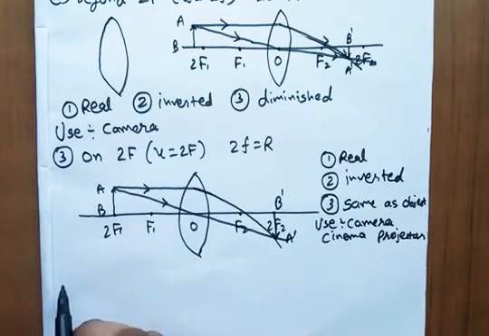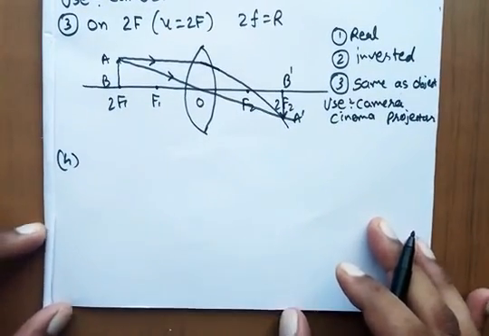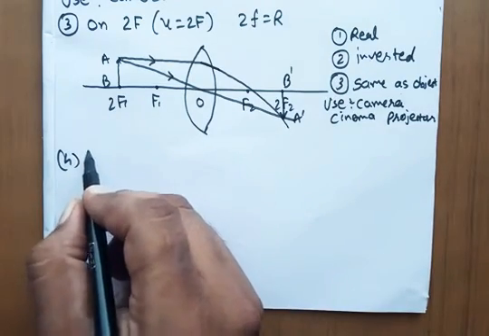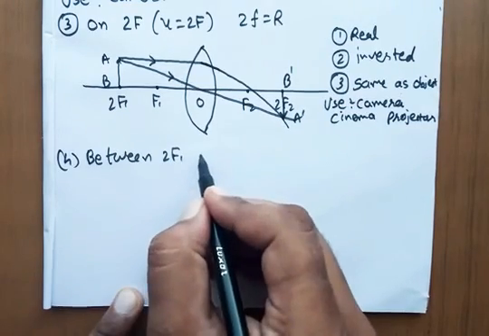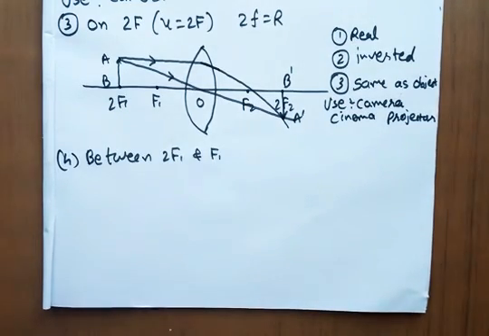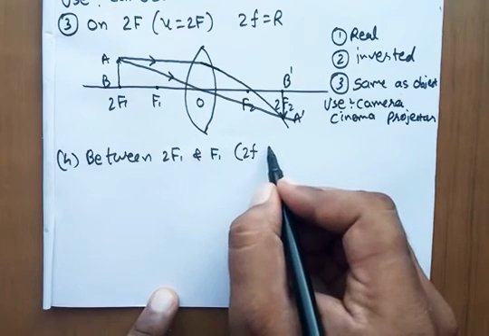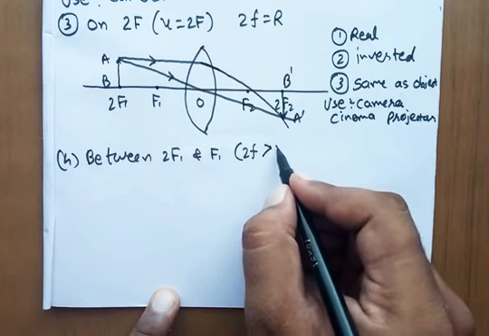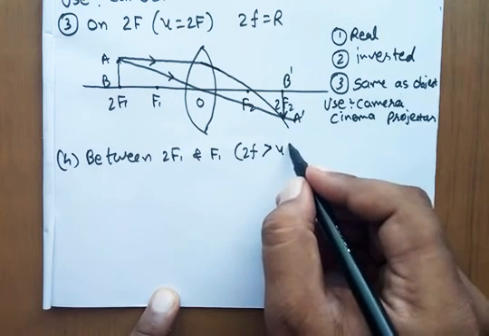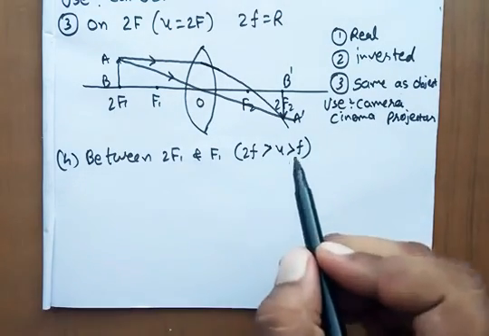Okay, now the fourth classification. In this fourth classification, the object is in between 2f1 and f1. Clear? So here I can write that 2f is greater than u greater than f.